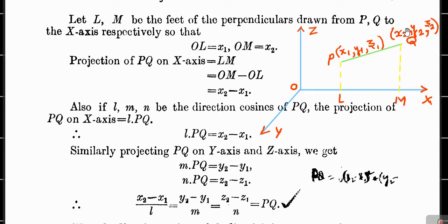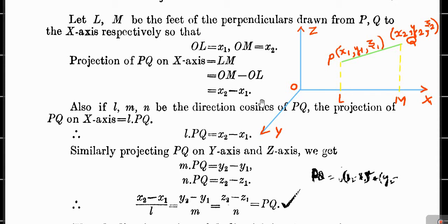As seen just now, the projection of segment PQ on the x-axis is segment LM. So we'll find LM. The projection of PQ on the x-axis is equal to LM, and the distance LM is equal to OM minus OL, which is x2 minus x1.